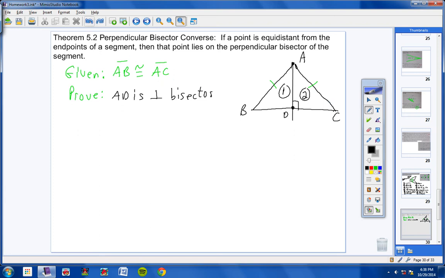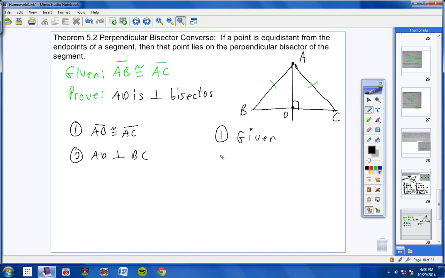So with that in mind, here we go, okay? Here's what I'm going to do. First of all, I'm going to state my given. Okay, so AB is congruent to AC, okay? That's given. Now watch what I state next. Watch this carefully, okay? Next, I'm going to state that AD is perpendicular to BC. How could I state that?